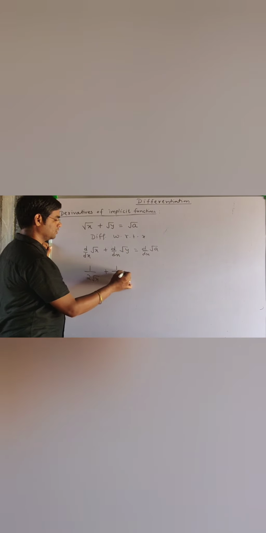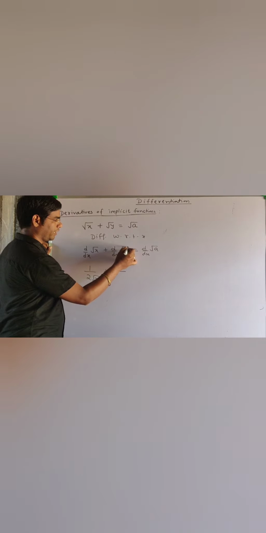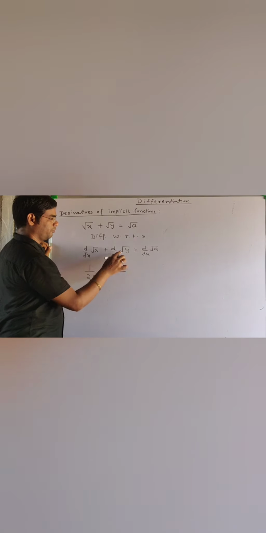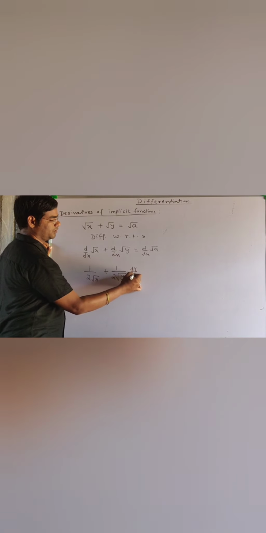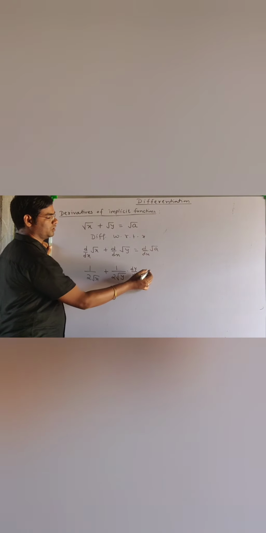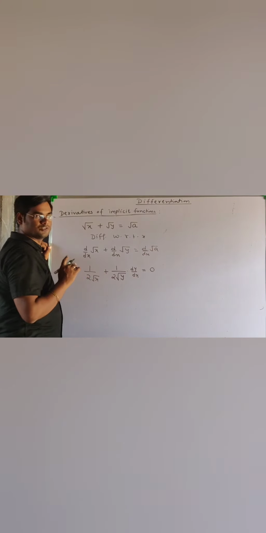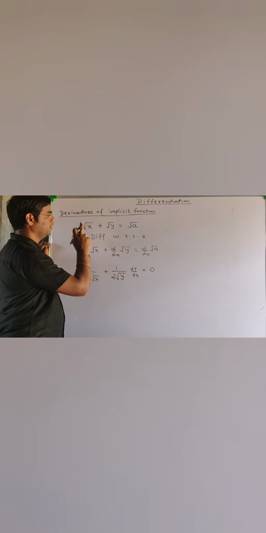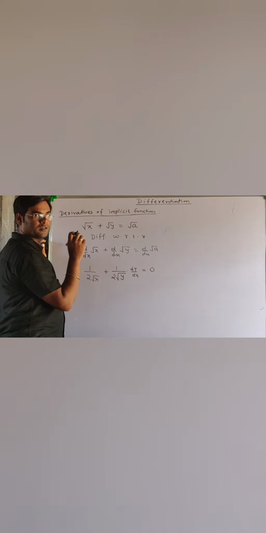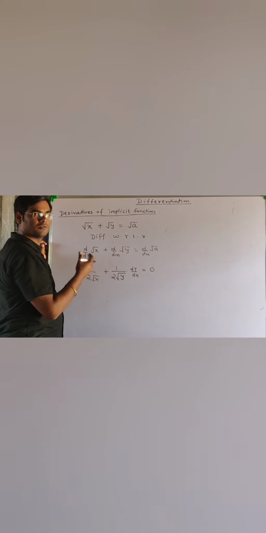Treat y as x, and the derivative of root y is 1 upon 2 root y, but since this is not x, you again have to differentiate y with respect to x. And root a is a constant, so its derivative is 0, not 1 upon 2 root a, because we have only two variables, x and y, and the terms other than x and y are constants.